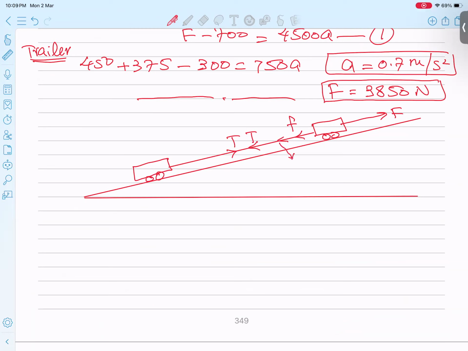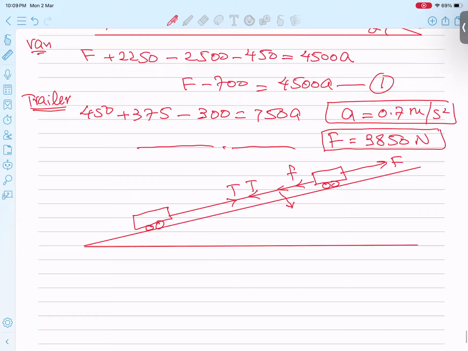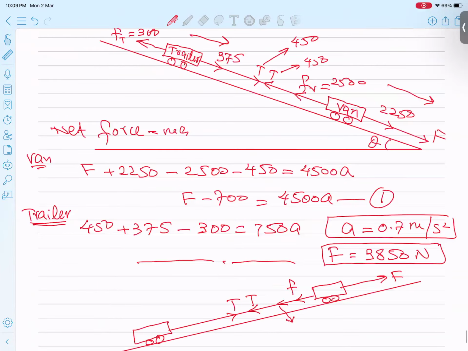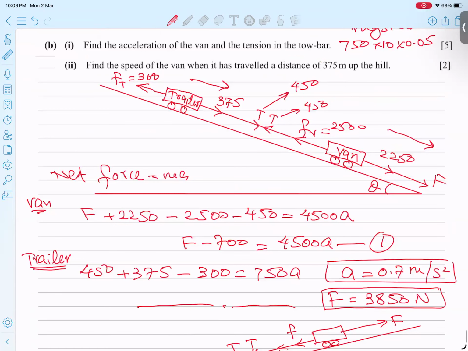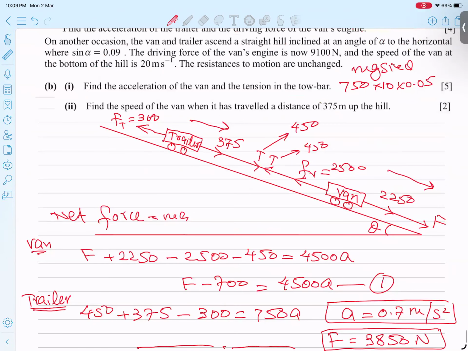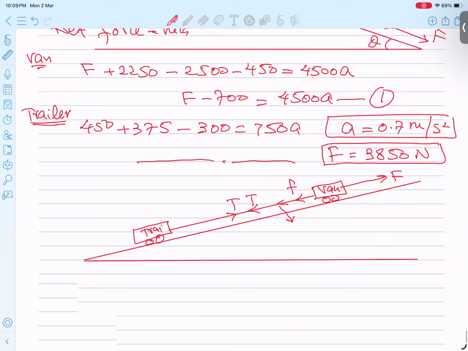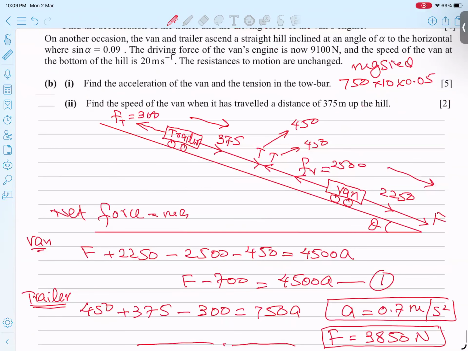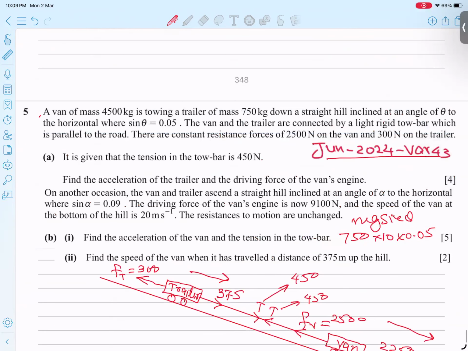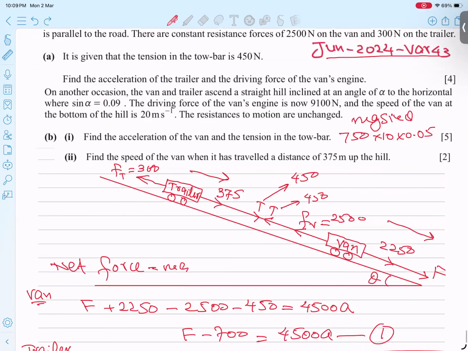And what is the weight component? That remains the same. But sorry, no, it's not the same, because it changes now. And what is the situation? Van is going up and trailer is down. So mass is how much? 4500. And what am I writing now here?